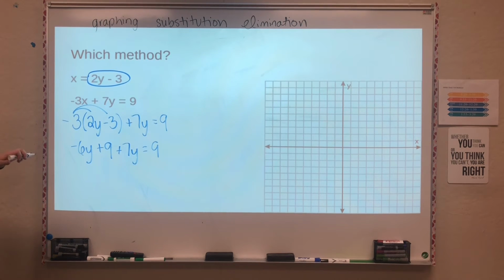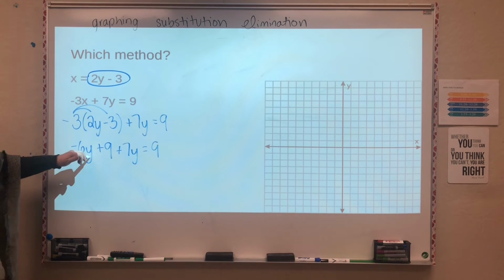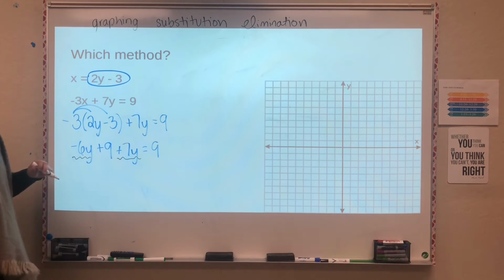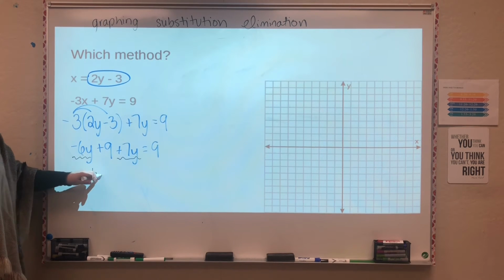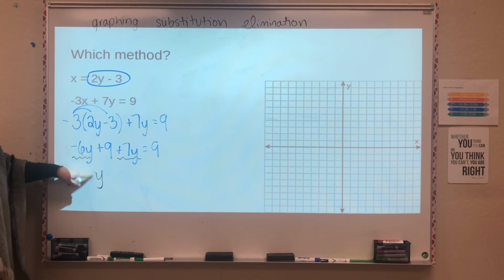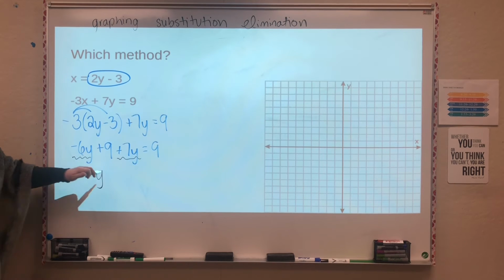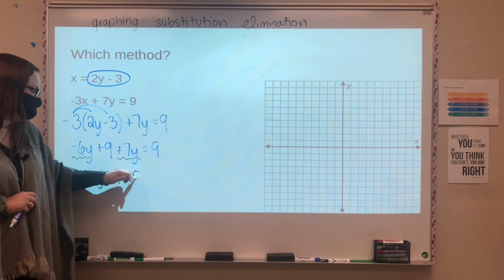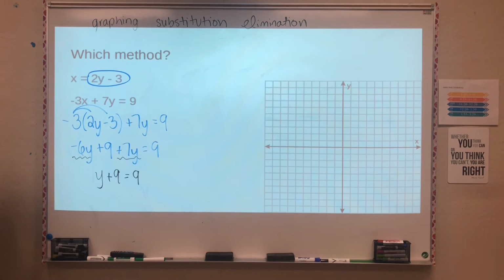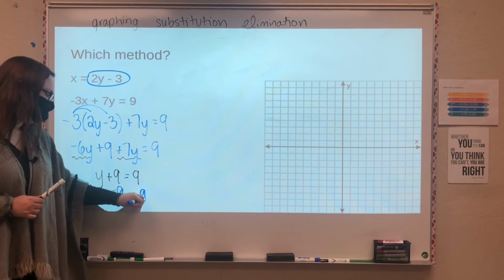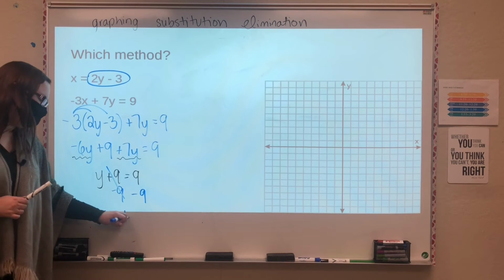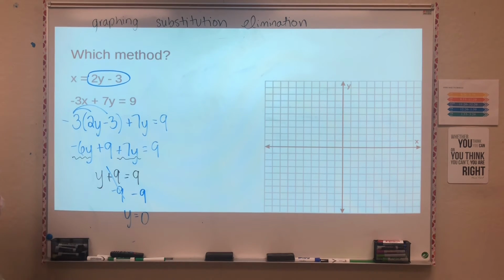Yep, combine like terms. So I'm going to combine negative 6y and positive 7y, which would just be 1y, or y. Plus 9 equals 9. So you subtract 9 from both sides, and y equals 0. Nice. So we get our y equals 0.